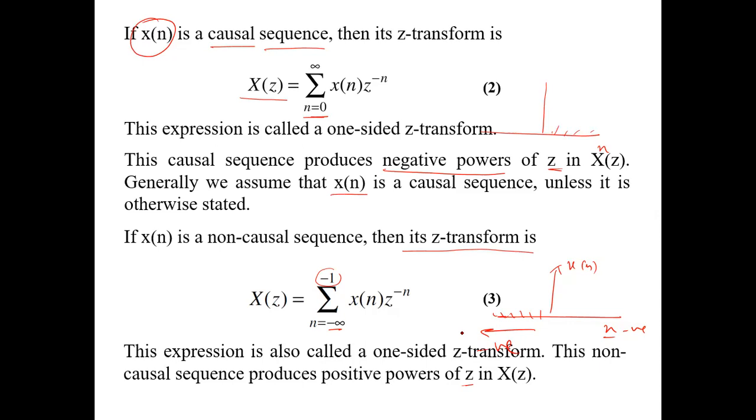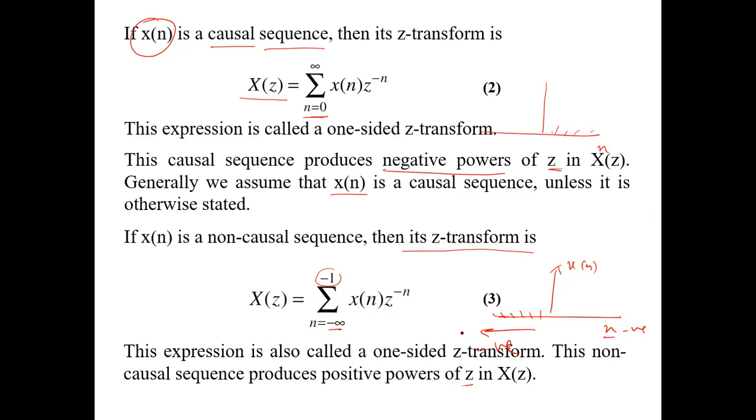Now, the next thing we need to understand is whether the z-transform is one-sided or double-sided. If it is double-sided, then both types of sequences are involved, causal as well as non-causal, and the z-transform of such a double-sided sequence will give us positive as well as negative powers of z.